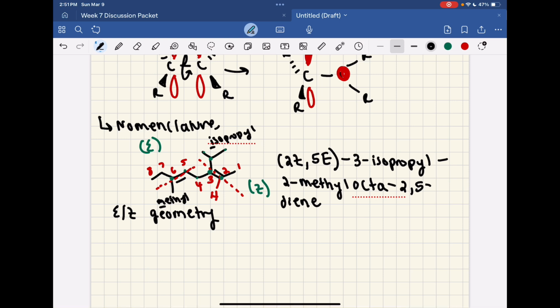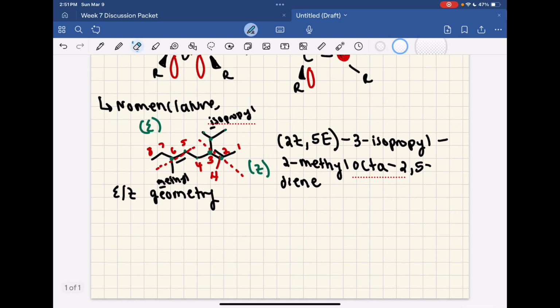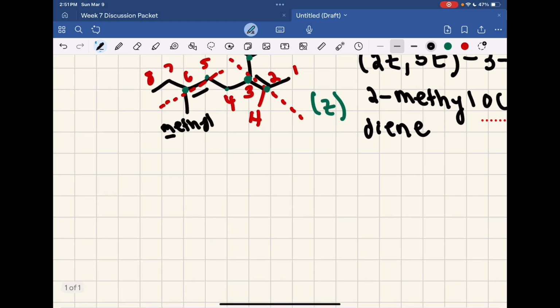Okay? And then let's do one cyclic example. Let me just get rid of this here. Let's do one cyclic example. So maybe I want to give you a structure that looks like this. Let me give you a hard one here. Okay, so let's do this one. Let me just make sure I want 7 carbons.